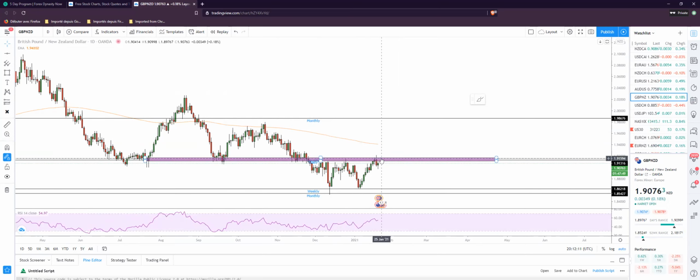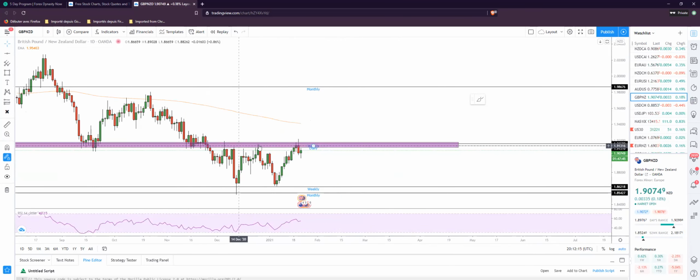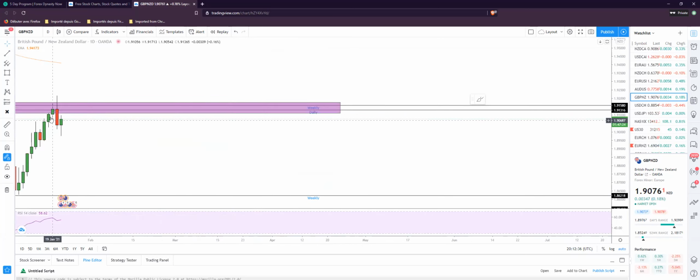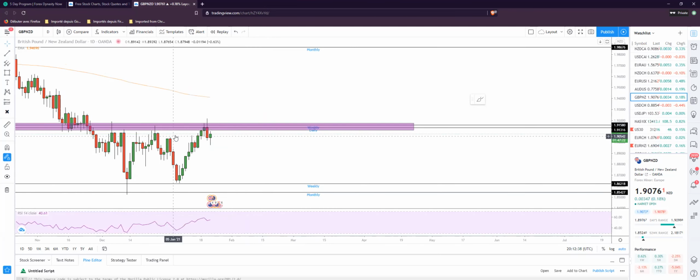It didn't break the support. Be careful, because now we are on 1, 2, 3. A lot of traders will sell right now, and the market knows they can push up and after that come back. So you need to be careful, because it's the third time. The support can no longer be valid. It can be valid today, and also we have an engulfing pattern right there.